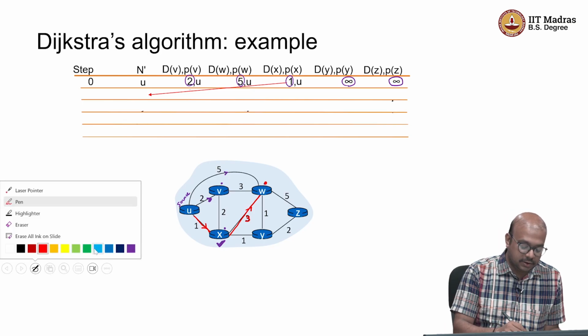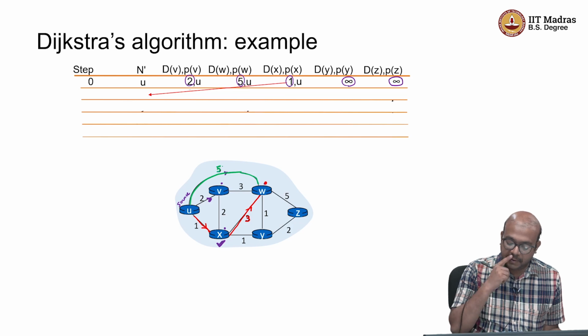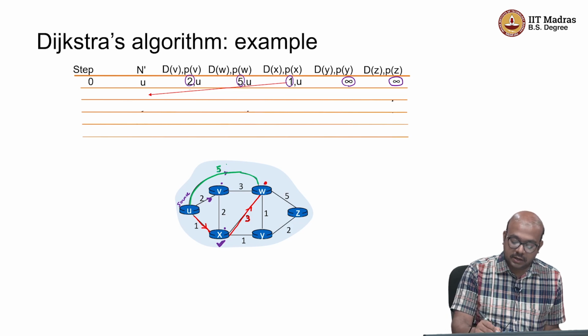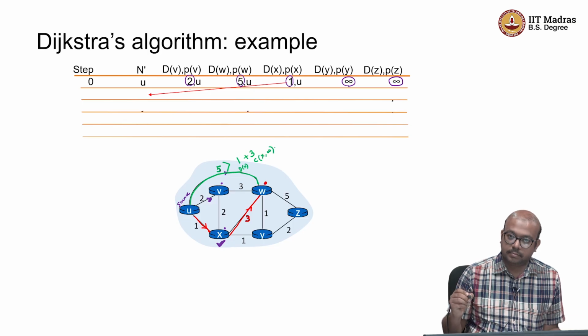The current estimate was this direct link like this, which is 5, okay, which is greater than 1 plus 3. What is 1? 1 is basically your dx, and x is in n prime, and 3 is C of x comma w. Okay.